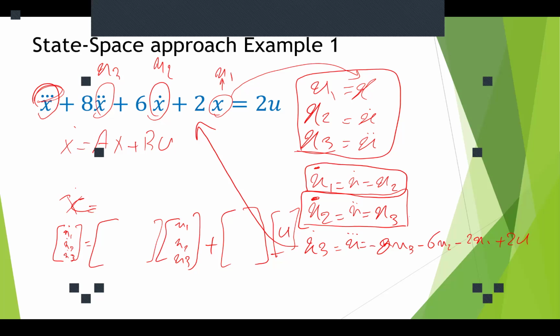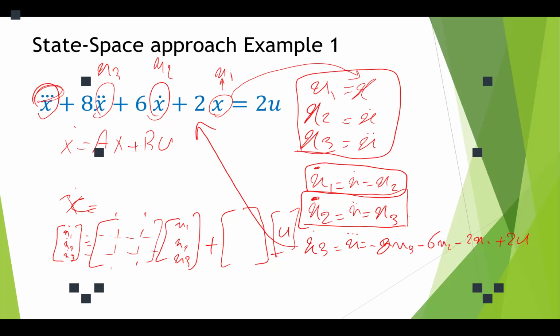Now, look, we have three differential equations. So we are going to have a 3 by 3 matrix as A. Now, what is the equation that defines x1 dot? x1 dot is equal to x2, right?